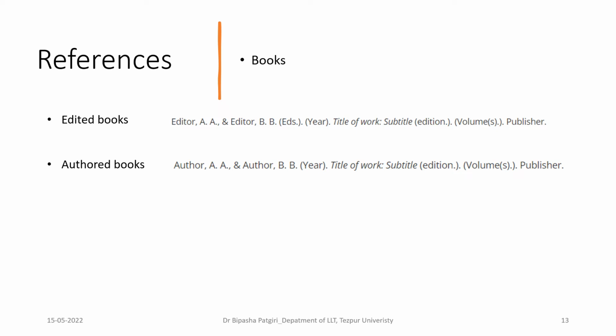That means these two persons are the editors, followed by the year of publication within brackets, then the title of the work in italics. Sometimes it also carries a subtitle, followed by the edition that you have read. For example, if you have read the IPA Stylesheet, the 7th edition, you should mention the 7th edition. Carlos Gussenhoven's Understanding Phonology, if you are reading the 10th edition, you write the 10th edition.